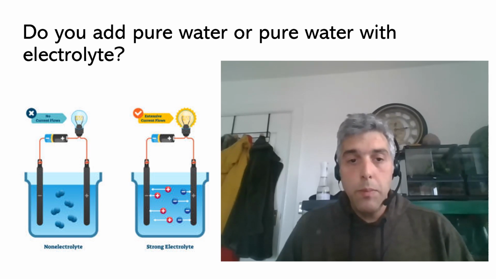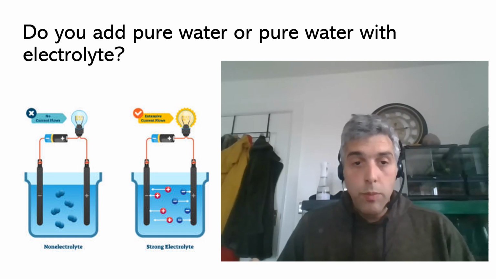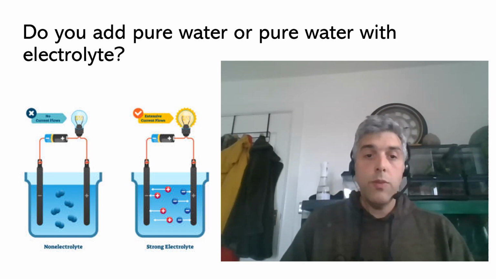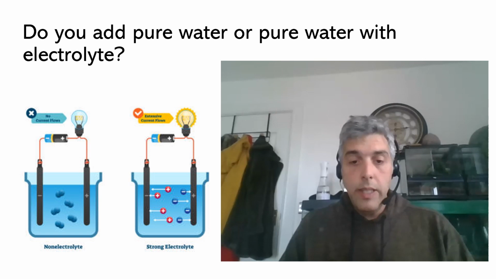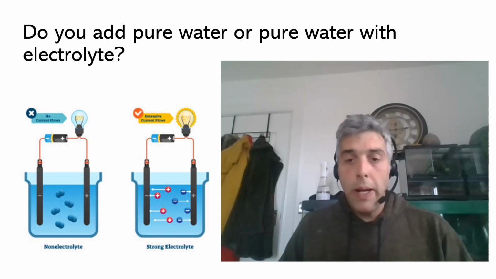So there are two types of breathing machine broadly, ones where you do add an electrolyte and ones where you don't. An electrolyte, just to be clear, is the thing in the water. They're usually salts or polar covalent compounds.